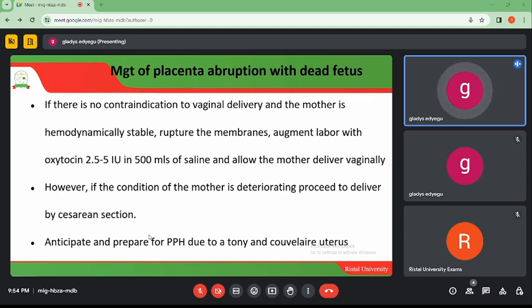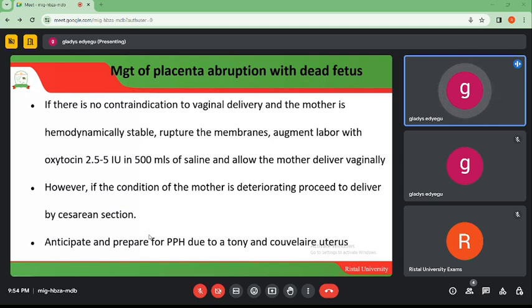If you know that this mother can easily deliver vaginally, then you can go ahead and augment, meaning she is already in labor, but you are just going to increase the contractions to hasten the delivery so that this mother can deliver.